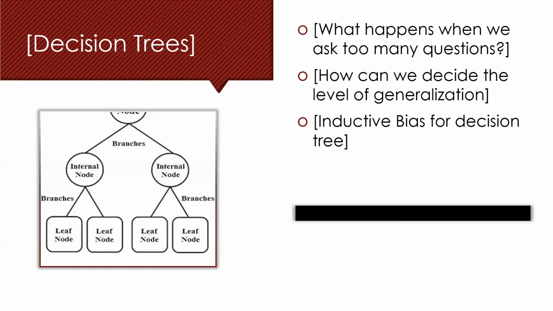First, I ask too many questions, meaning I have many attributes in my decision tree. Second, I ask very few questions. What would happen? When I ask too many questions, I would be very specific to my training data. My model would learn everything about the training data, and the technical term for this is overfitting.